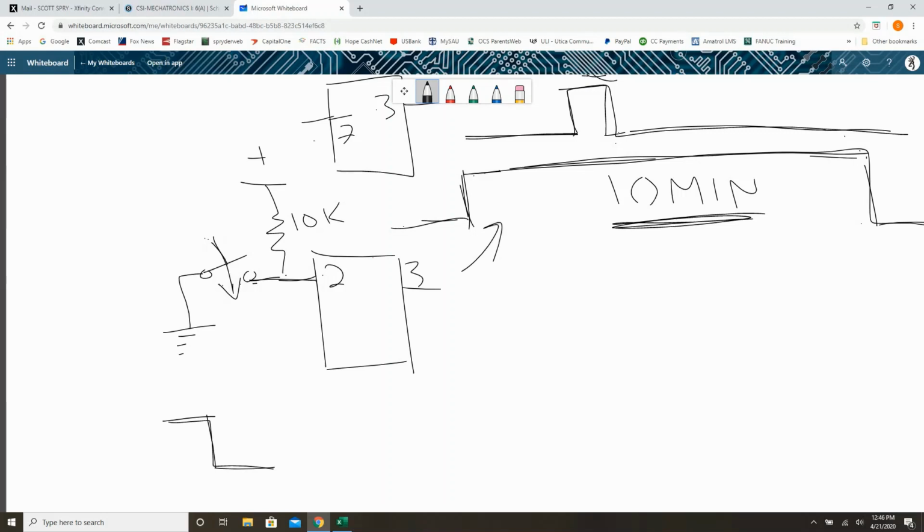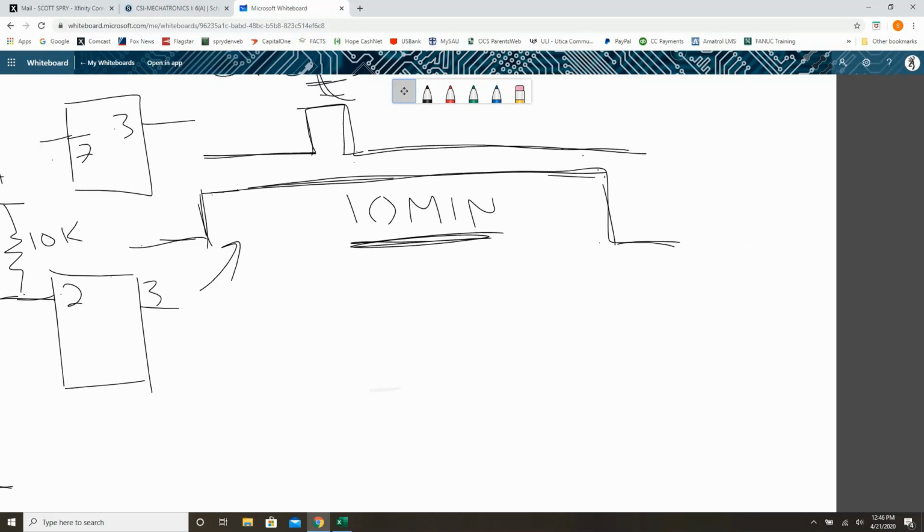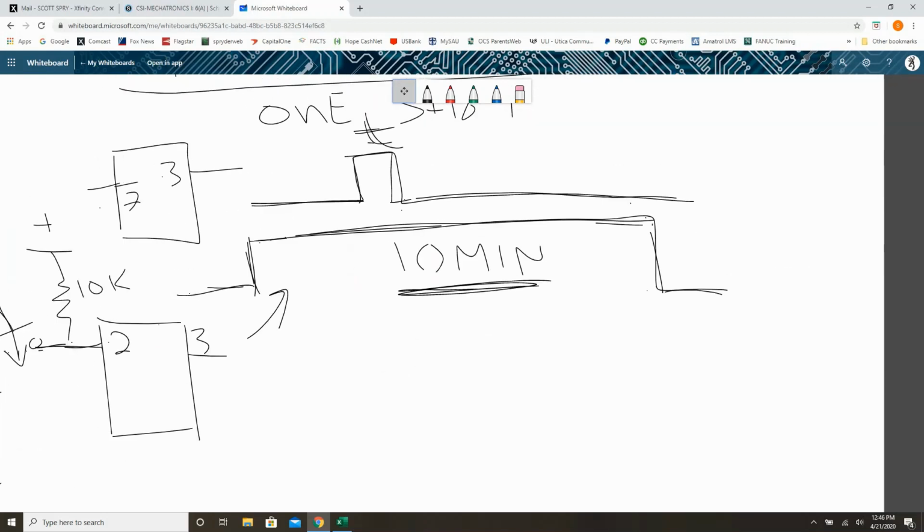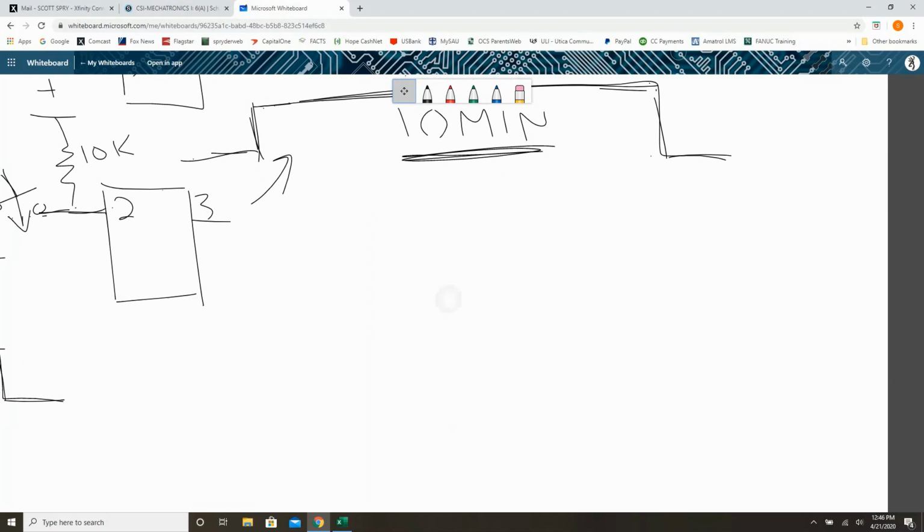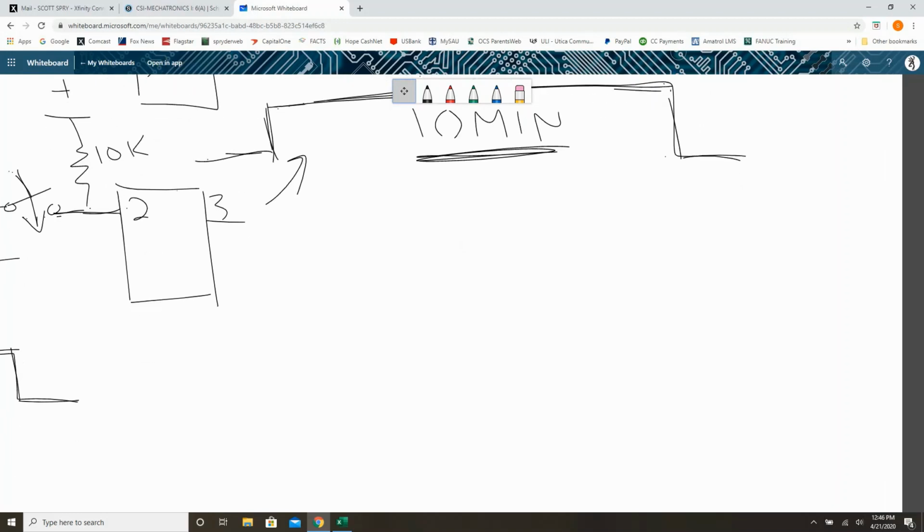Okay? Now, the other thing that we have to figure out is how long do we want that pulse to go for? Now, if you look at the circuit in the spec, there is an R and a C, and it looks something like this. I believe it's pin 6 and 7.